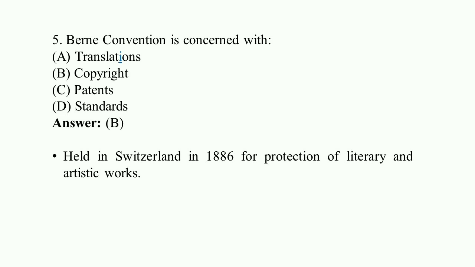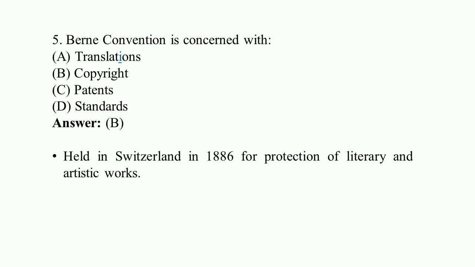The next one: Berne Convention is concerned with A, translation, B, copyright, C, patents, D, standards. The right one is B, copyright. Berne Convention is concerned with the Copyright Act. What is the Copyright Act? Copyright is an act for the protection of literary and artistic work of the author.